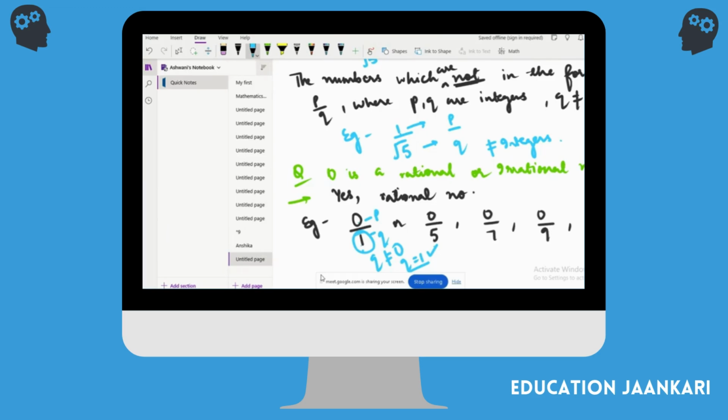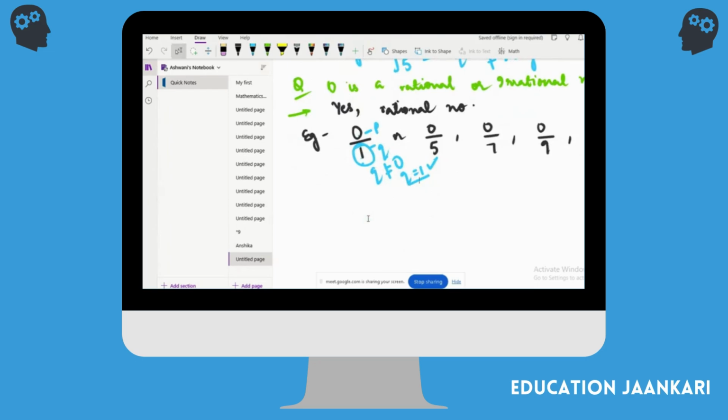So what will be the answer? Yes, 0 is a rational number because 0 can be written in the form of p upon q, for example 0 upon 1 or 0 upon 5, where 0 and 1 are integers and 1 is not equal to 0, right?